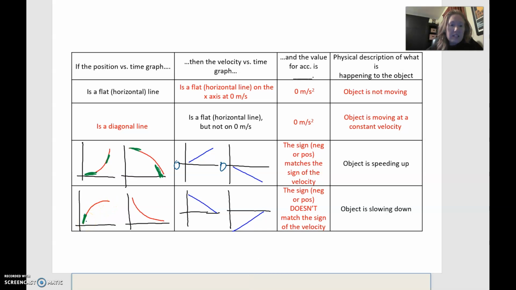Here we see it's nice and steep at the beginning, not very steep at the end. Very steep at the beginning here, not very steep at the end as time goes by. And then when something's slowing down, the way you can tell if you just have numbers is that the acceleration and the velocity have a mismatch of signs. They have opposite signs. One is positive, the other is negative. Okay? All right.